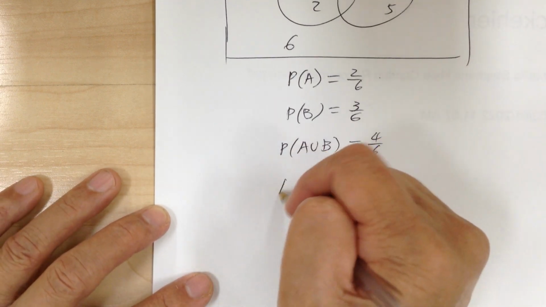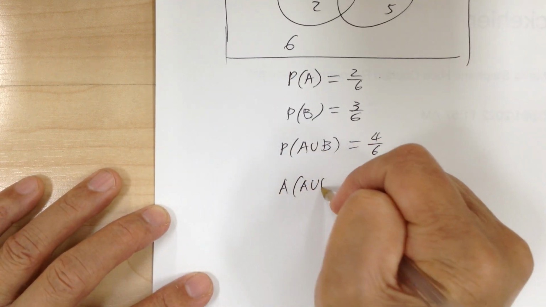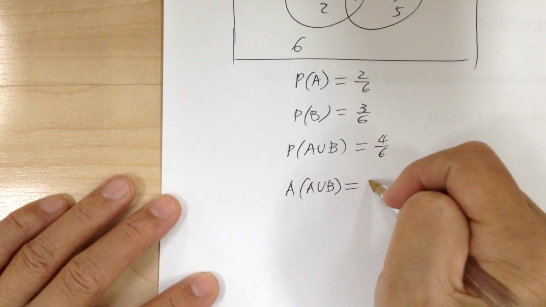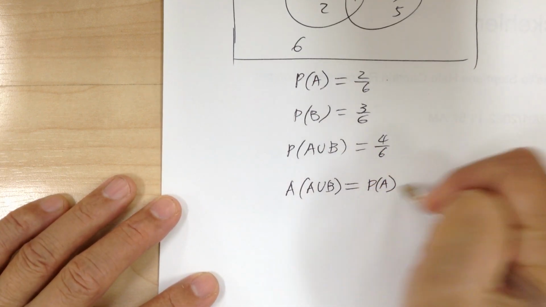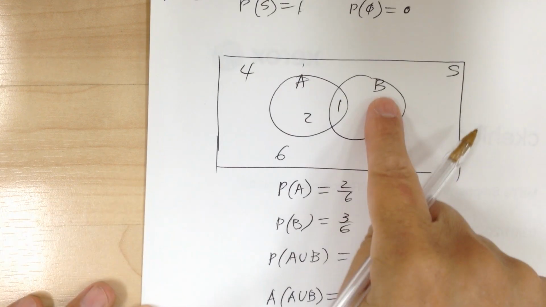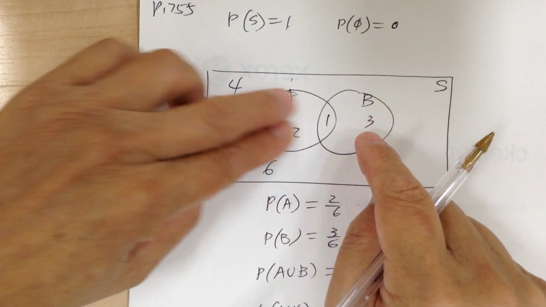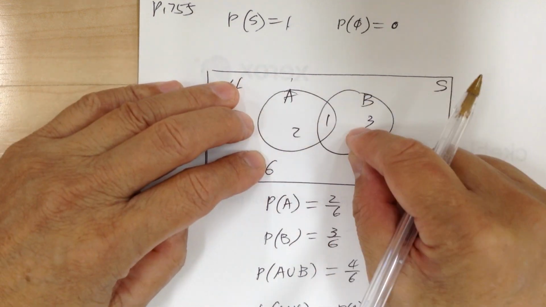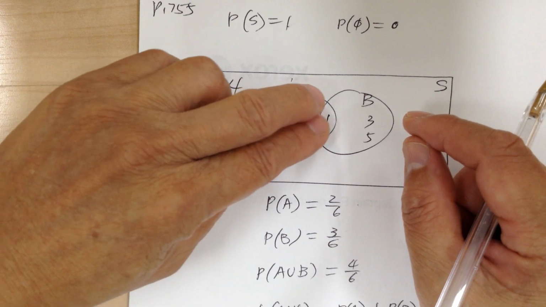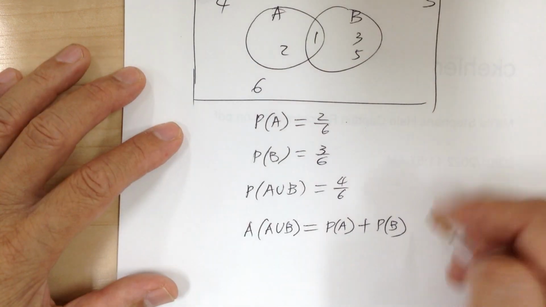So if you know that A union B, this whole thing will equal the probability of A plus the probability of B, right? So for the union, everything would be A plus B, but notice this got counted twice. This one was counted when you did the probability of A and also counted again for B. You have to minus that.